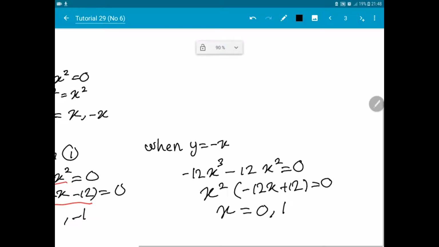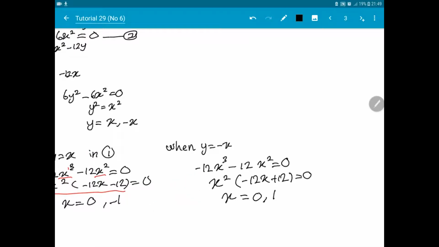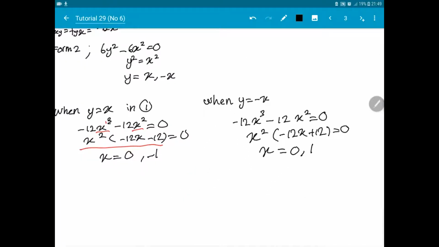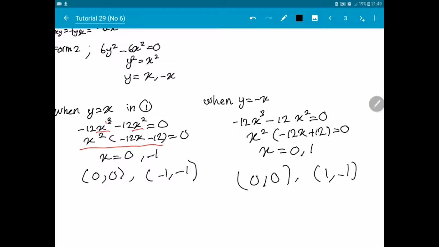So we need to determine our points. When y equal to x, our points are 0, 0 and -1, -1. And here we get 0, 0 and 1, -1.